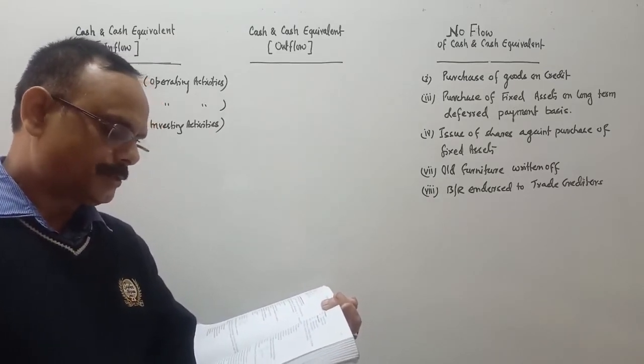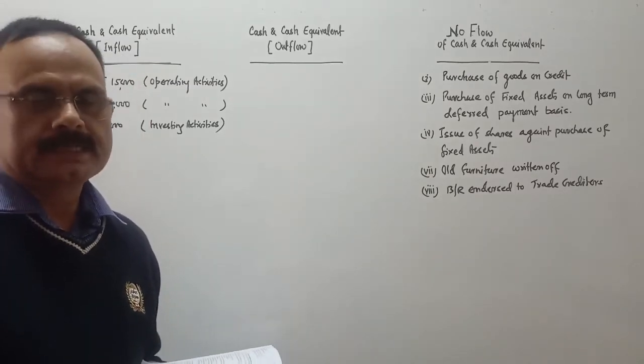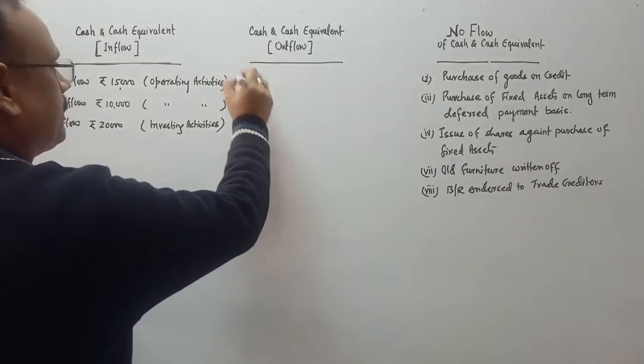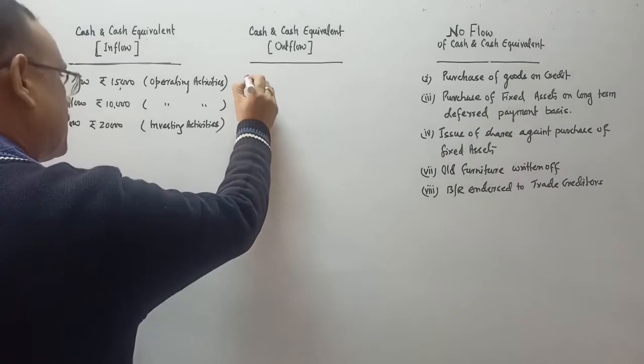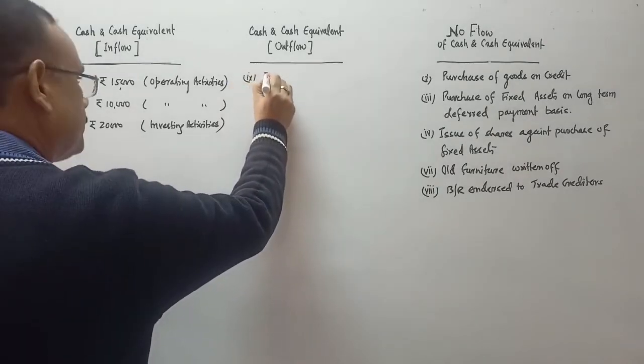Discount of rupees 2,000 received while making payment to creditors. This is point number 9.